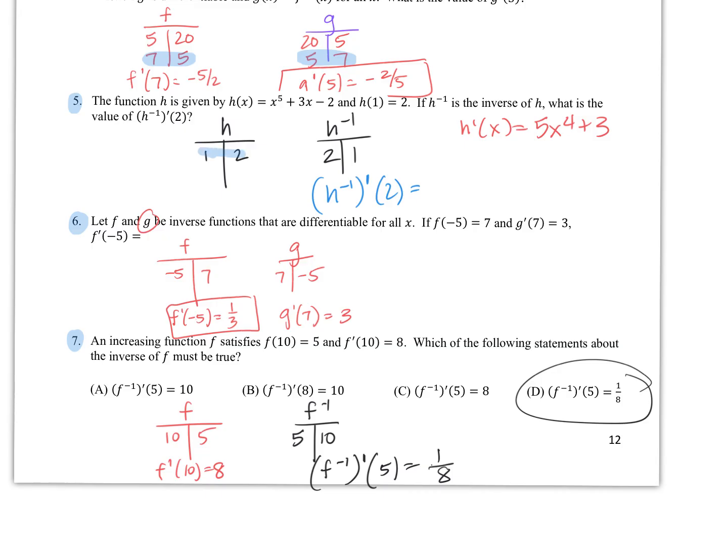The only point we have is (1, 2), which then translates to (2, 1). So we're going to plug in a 1 for my x. All right, h prime of 1 would be 5 times 1 to the 4th plus 3. I heard 8. So my h prime of 1 is 8. Therefore, my inverse's slope when x is 2 would be 1/8.